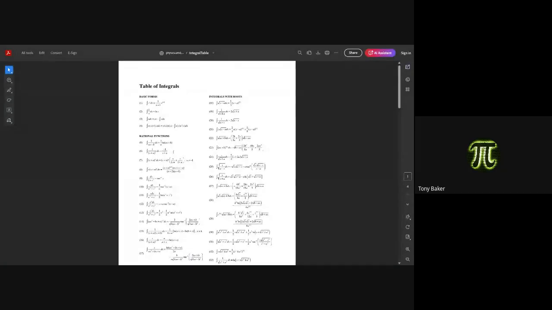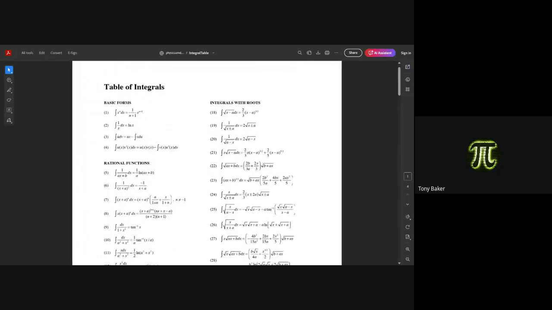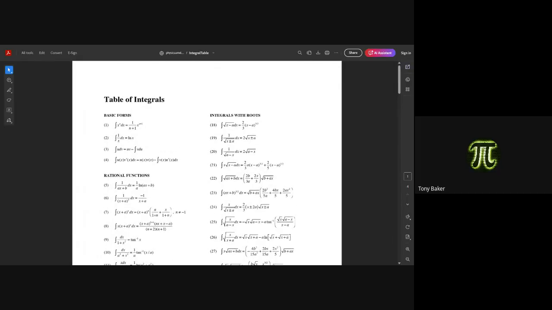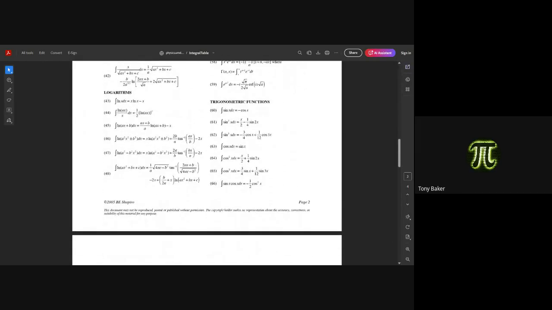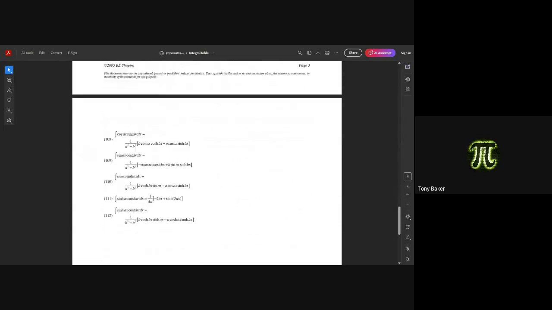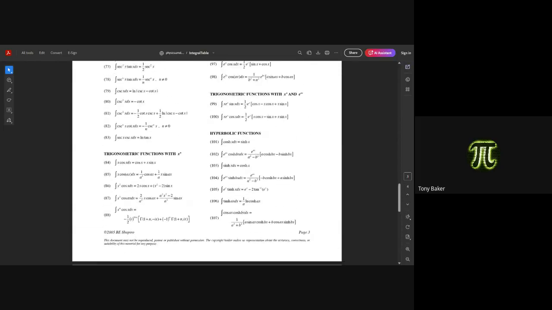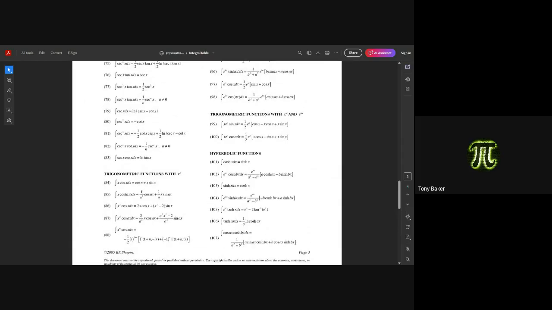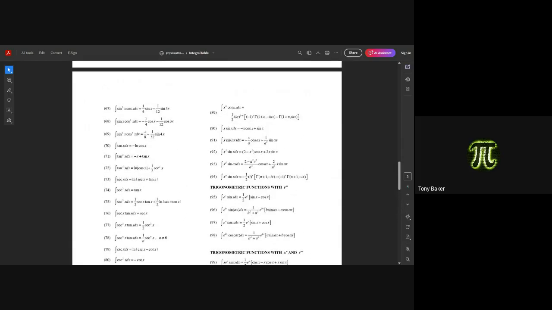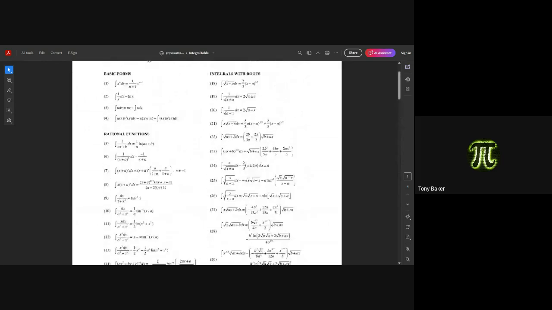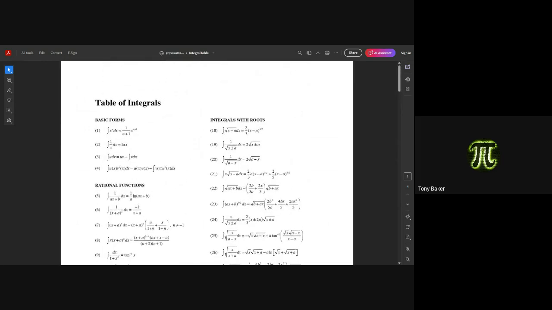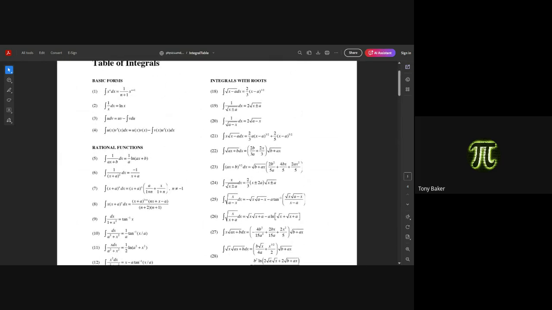Here is the tables of integration. There's 112 of them listed in 4 pages. There's that many because going backwards is harder. So there is a ton of them. You are not going to want to memorize them all.